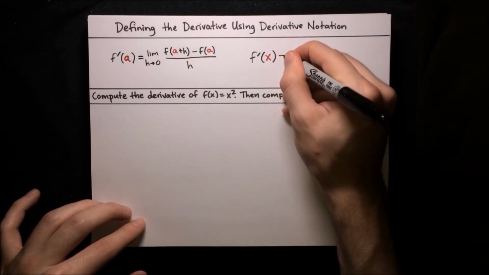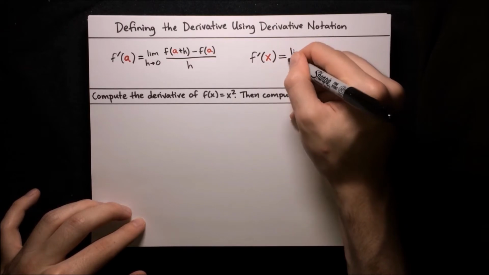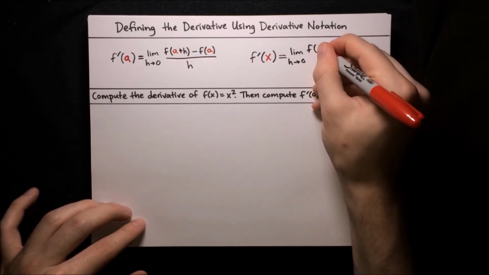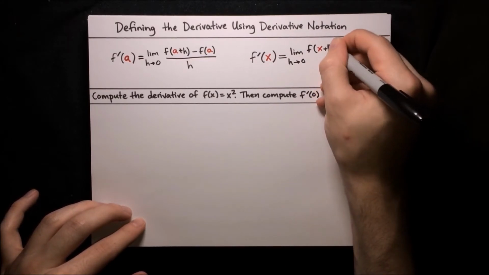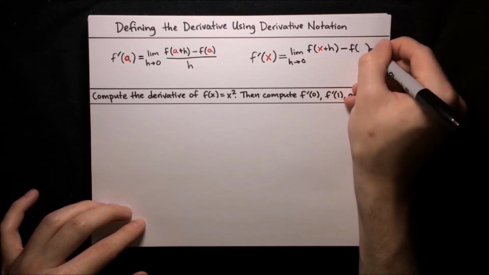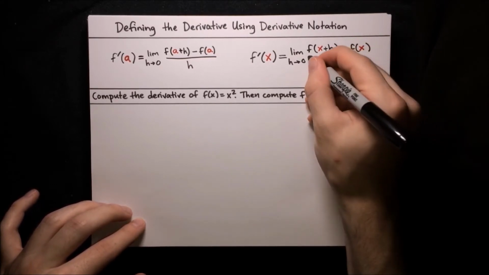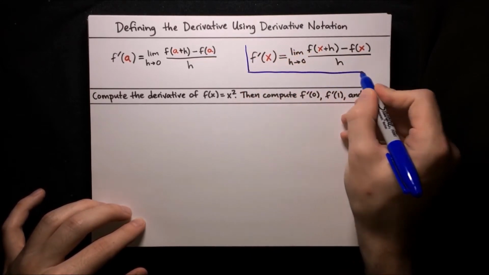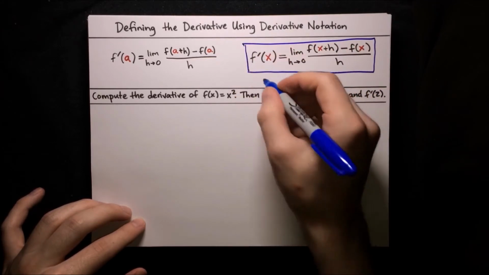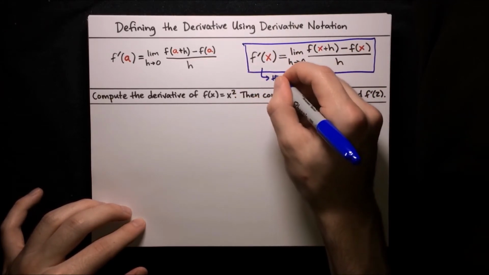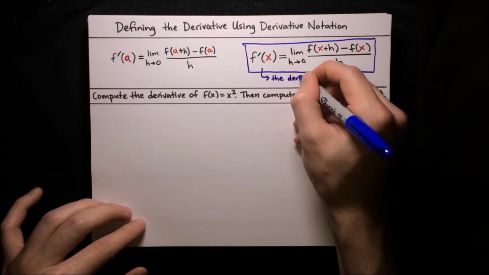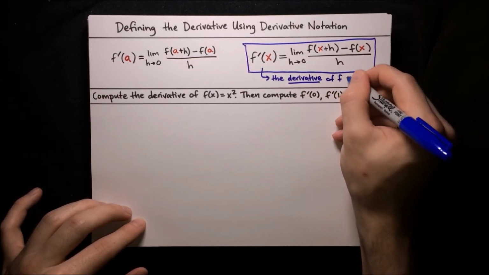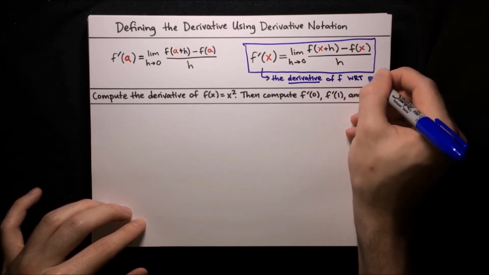So f prime of x is equal to the limit as h approaches 0 of f of x plus h minus f of x divided by h. So this right here is our grand formula to compute f prime of x, which is called the derivative of f with respect to x.